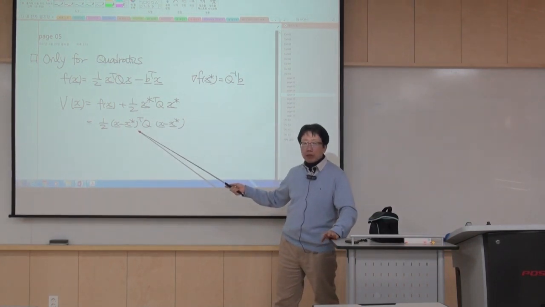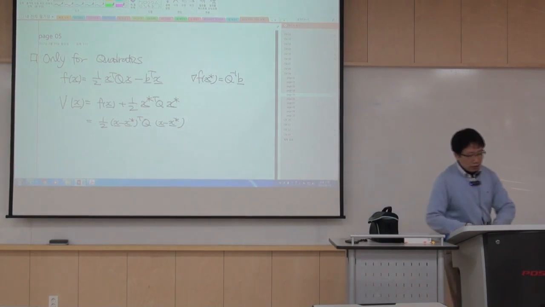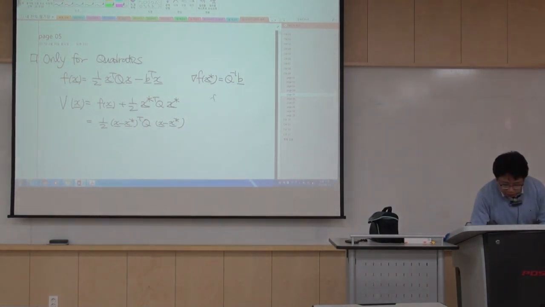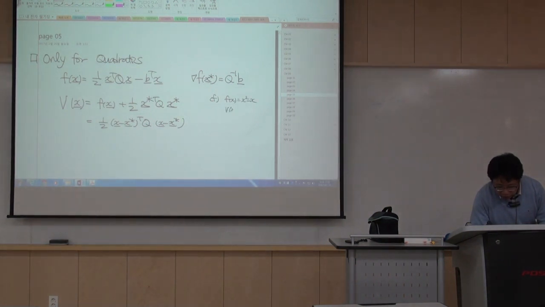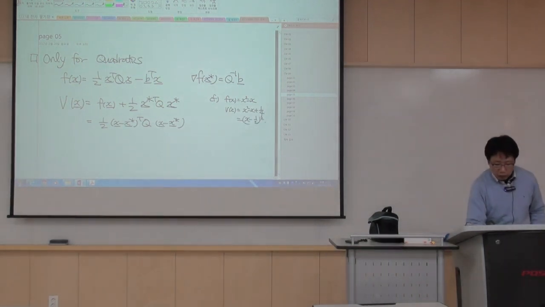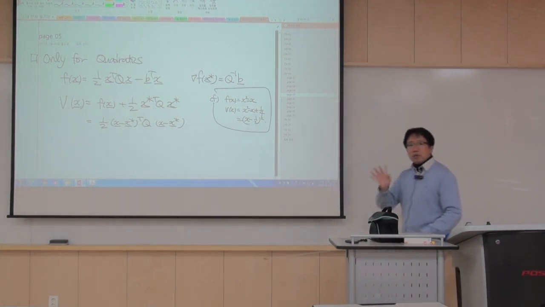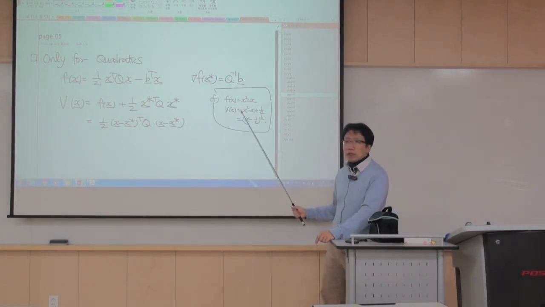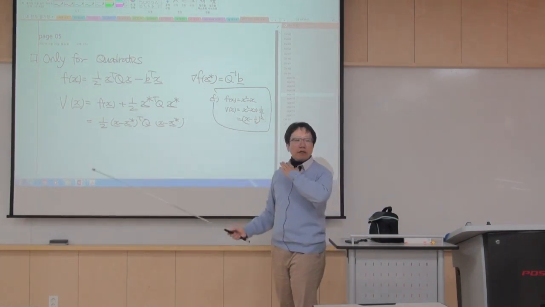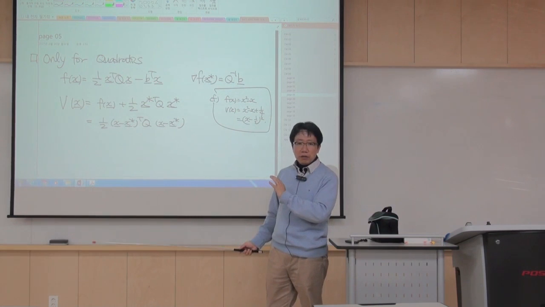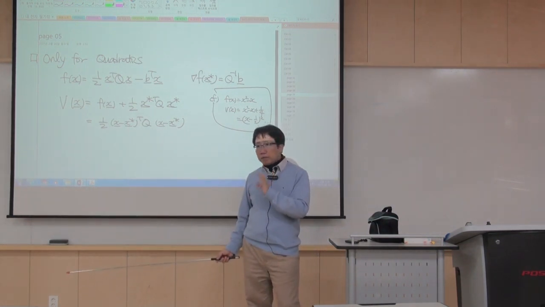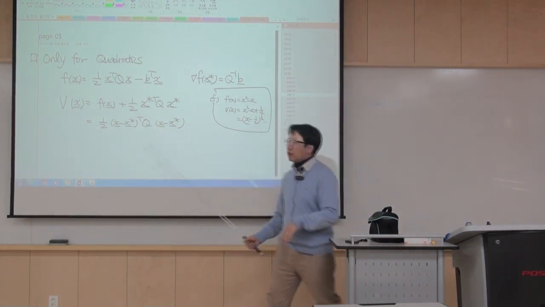As I just told you, it's similar to what you do here. f of x equals x squared minus x. V of x is x squared minus x plus 1/4, so that you have x minus 1/2 squared. Got it? As you see, I repeatedly do this simplification. If this works for every f from R^n to R, it must work for f from R^1. That's why we do this.